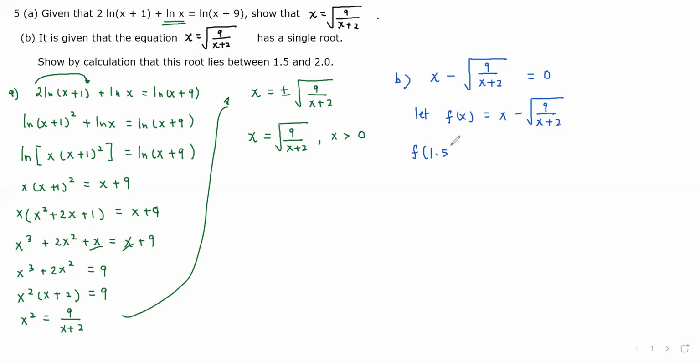f at 1.5 is 1.5 minus square root of 9 over (1.5 + 2).